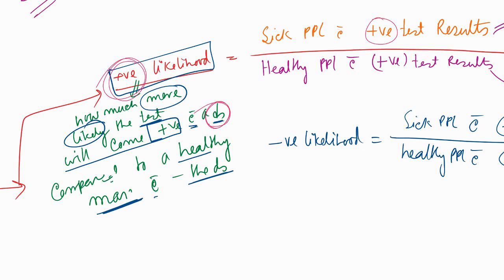If it is a good test, suppose 5% or 10% of healthy persons come out positive. The comparison between these two percentages is called the likelihood ratio.